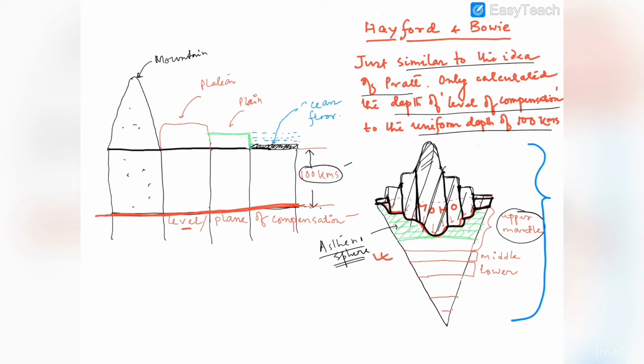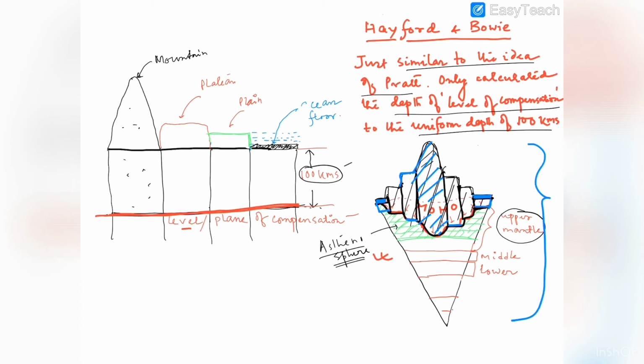See, this is the Himalaya, which has the greatest root going deep into the asthenosphere. And then if we take the plateau column, it has a smaller root. Now if we take the ocean bottom, like the basaltic ocean floor, it has the smallest root.